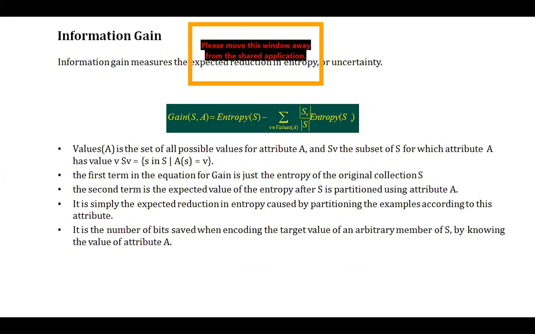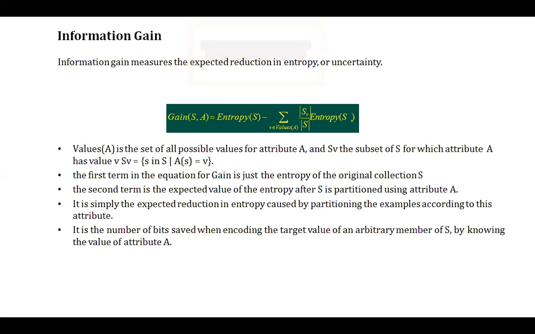So this is the formula for information gain. With information gain, it can be checked whether you have met your expected outcome with your training model or not. That expected outcome can be checked with the help of information gain. So this is the formula for information gain.